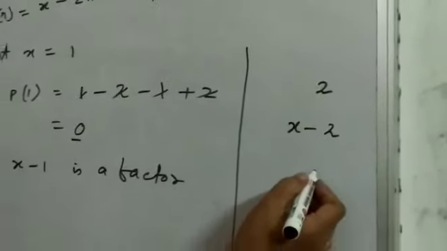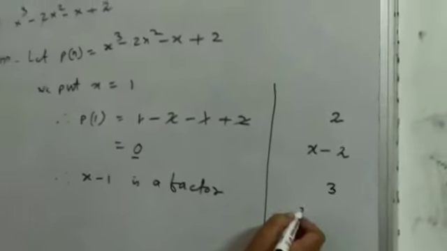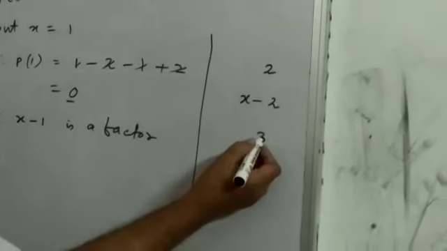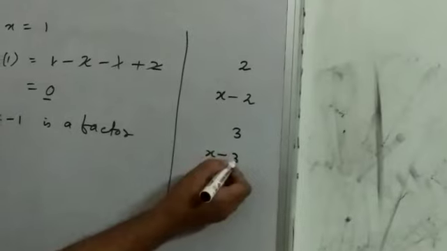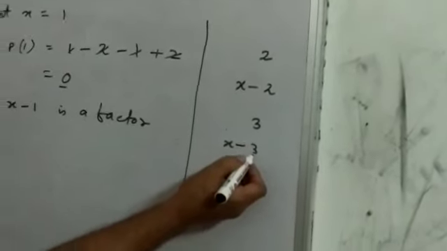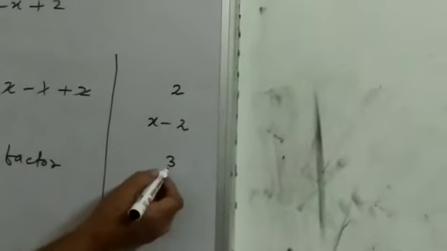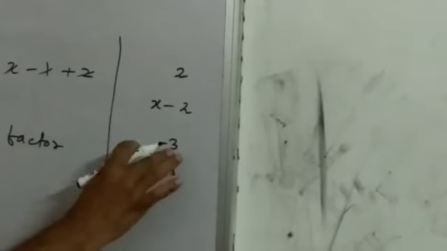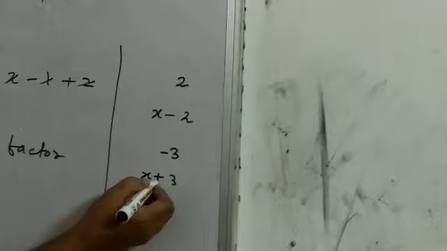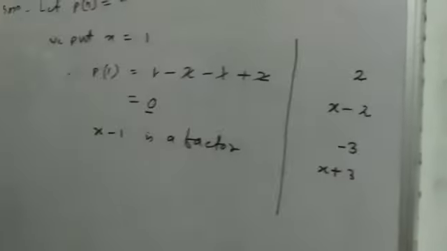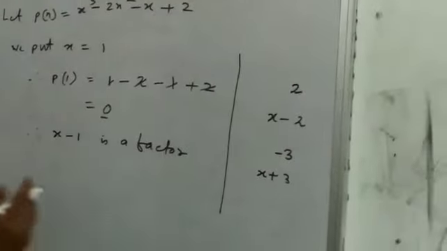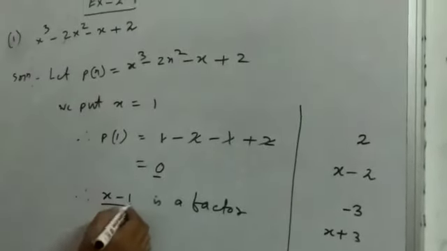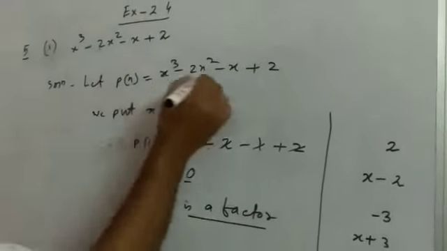The process is that suppose 3 is a zero, then you first write x, then a minus sign. Now if the zero is plus, then directly you write 3, meaning x minus 3 is the polynomial if 3 is the zero. And if minus 3 is the zero, then here the sign will be plus. So I think you got the idea. So here x equal to 1 is a zero, means x minus 1 is a factor of this polynomial.